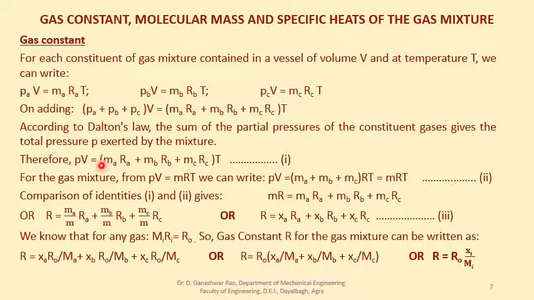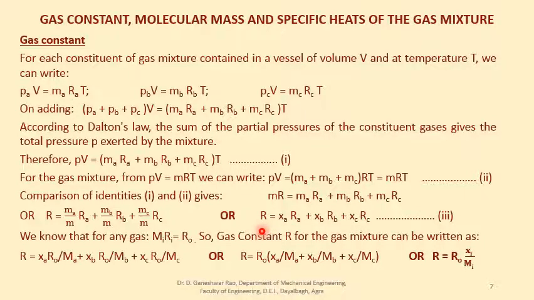You can say that R = (MA/M) RA + (MB/M) RB + (MC/M) RC, where MA/M is the mass fraction. You can write it as XA. Similarly for this, XB, and for MC/M, XC, and so on.